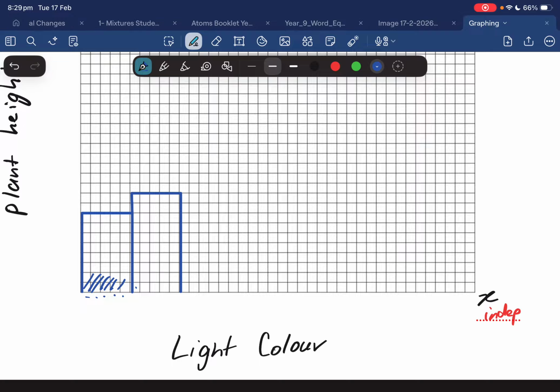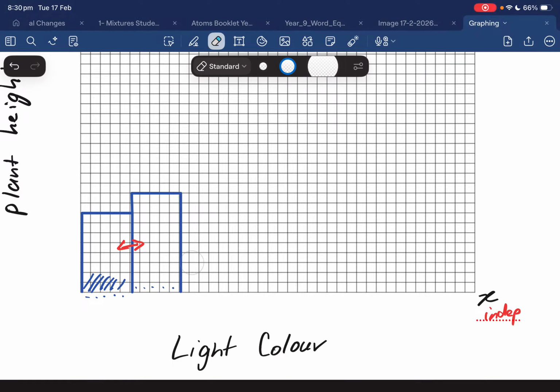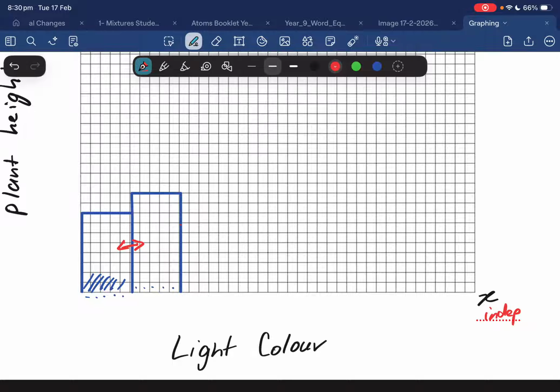Again, 1, 2, 3, 4, 5. And see how they're touching? See how they're back to back? Well, in my next bar, I've got to make sure it's the same. I'm using 5 boxes and they're touching. So 1, 2, 3, 4, 5. Once again, 1, 2, 3, 4, 5. It's the same thing each time.